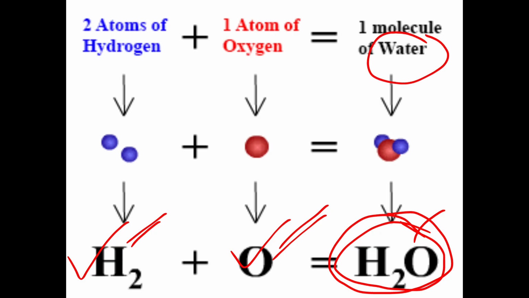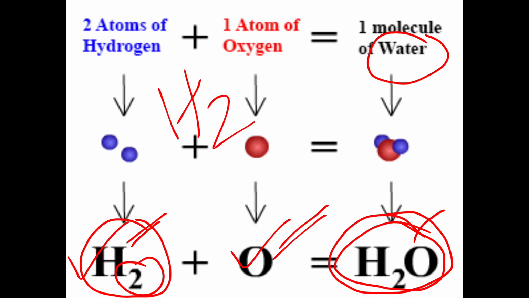No, because here you see H2 is indicating the number of atoms here, 2 indicating the number of hydrogen atoms here. So H2, this is formula of that element, but only H, that is the symbol of that element.